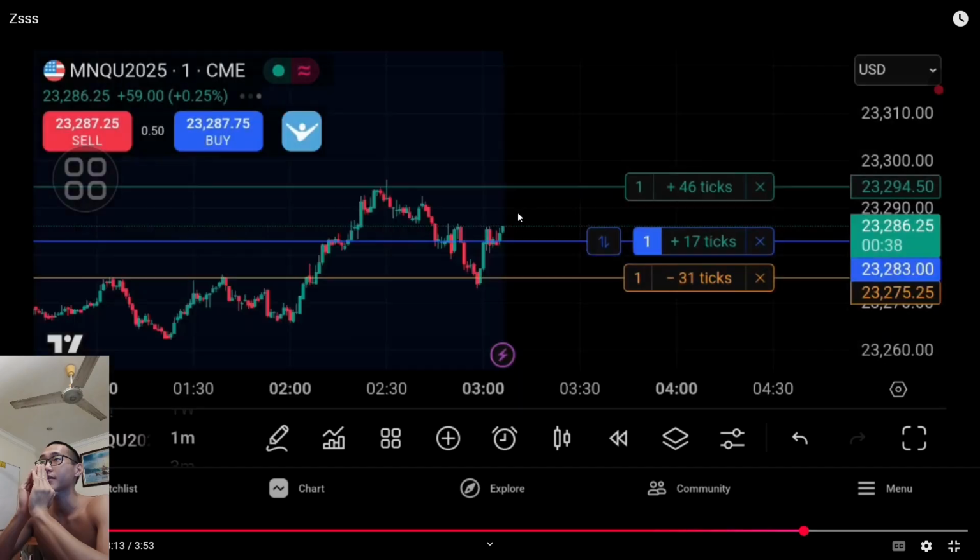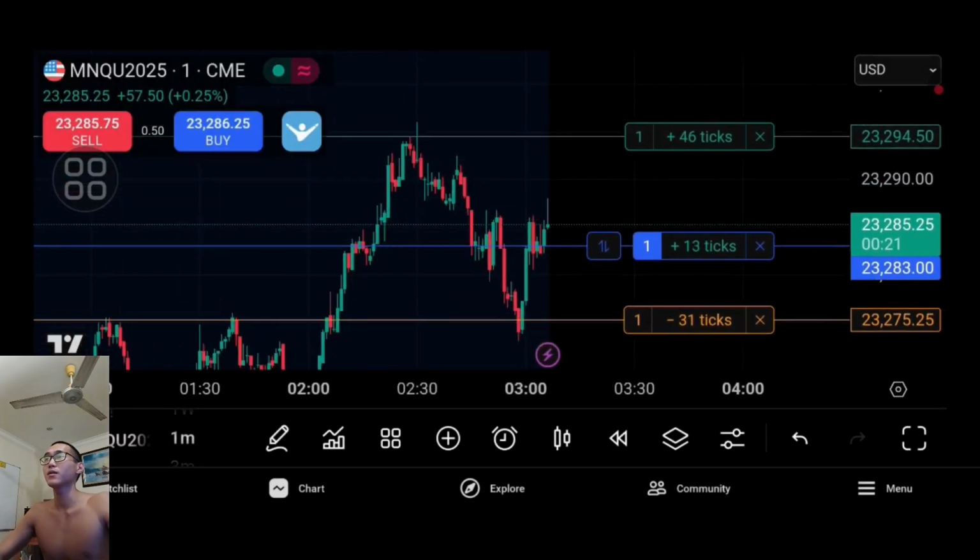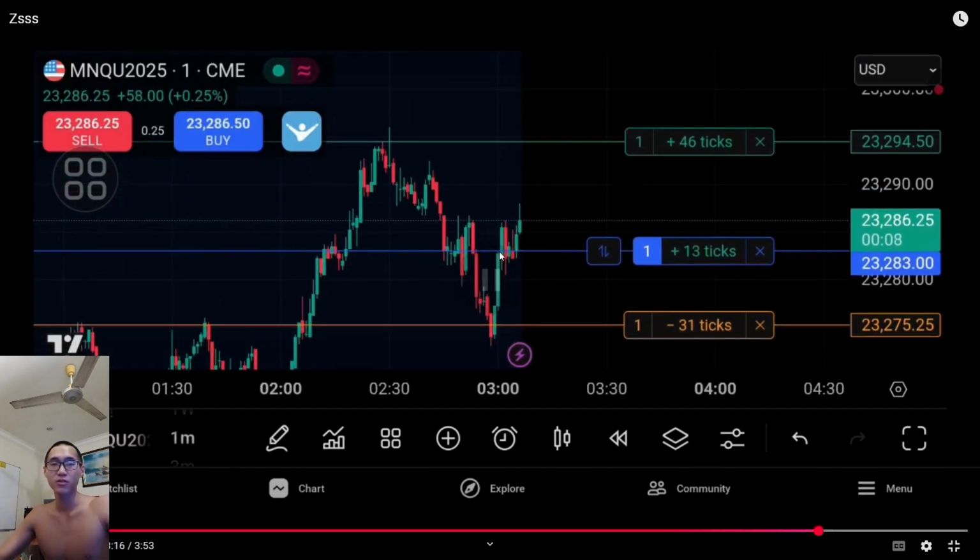Nice expansion higher. I'm still allowing for price to just touch here, but as long as the body tells me the story that we still want to move higher, I'm okay. Right here, I'm seeing this as a market structure shift again. I want to see price start showing reluctance of moving lower, just submitting to price action.